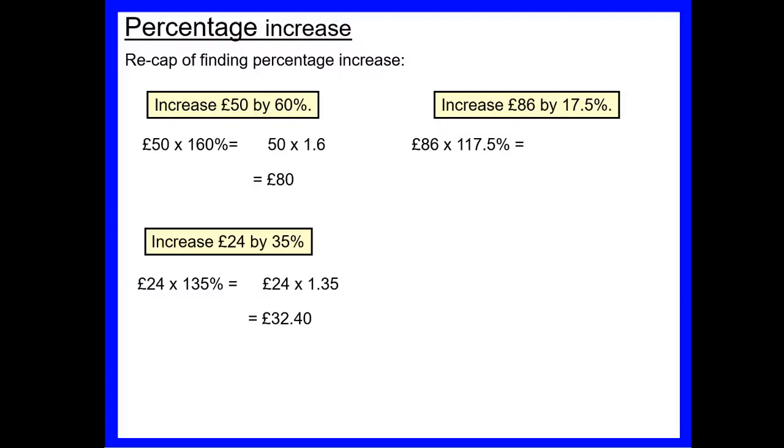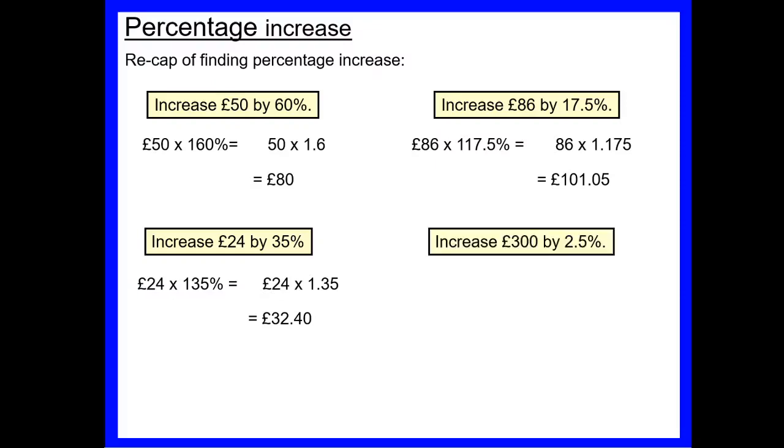So we still need to divide it by 100 to turn it from a percentage to a decimal. So changing 117.5% to a decimal gives us 1.175. So 86 times 1.175, and we get 101.05 to the nearest penny.